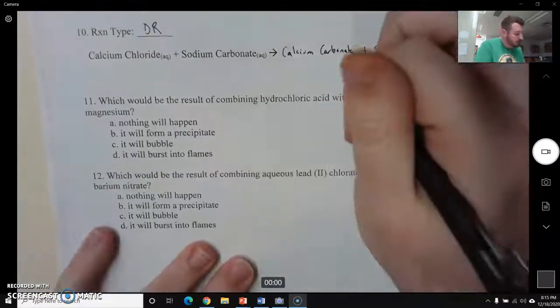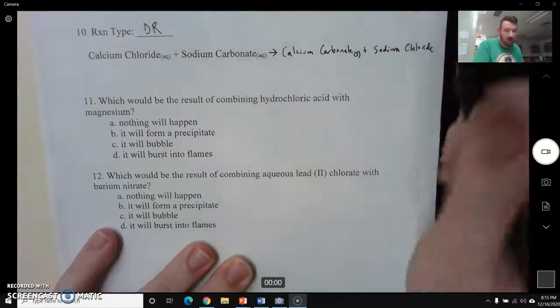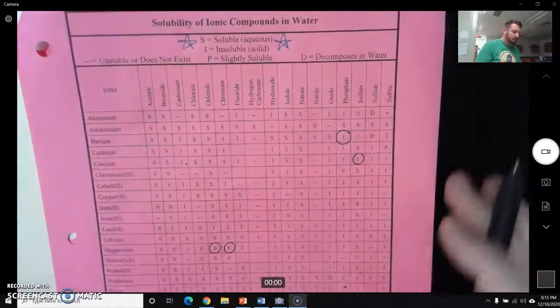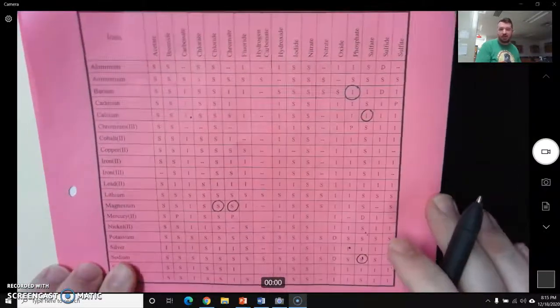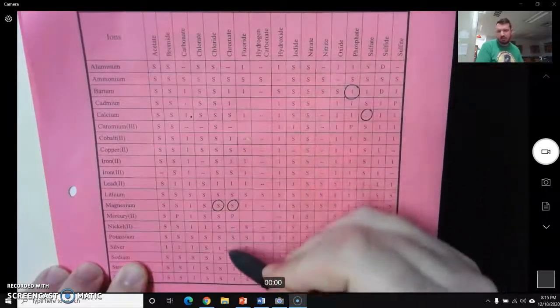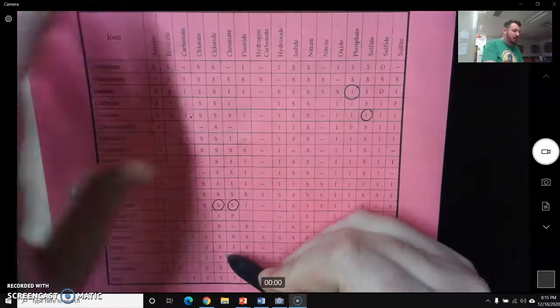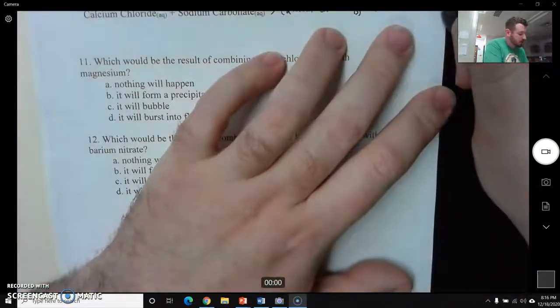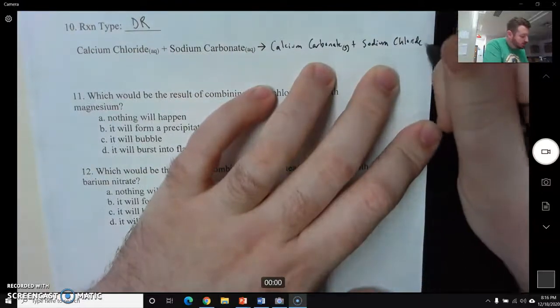So calcium carbonate will get our S, and we look up sodium chloride. Right, we should all probably know this one by now, right? But sodium and chloride together is going to be an A, which means I am aqueous. Right, so sodium chloride is aqueous.